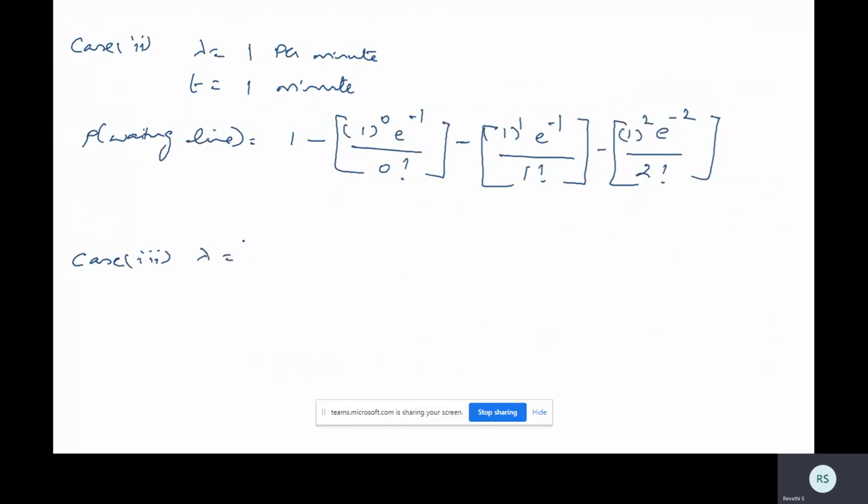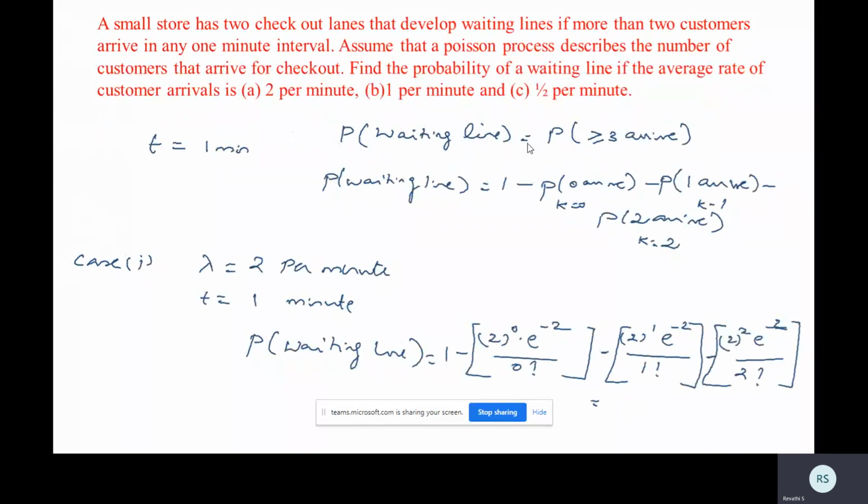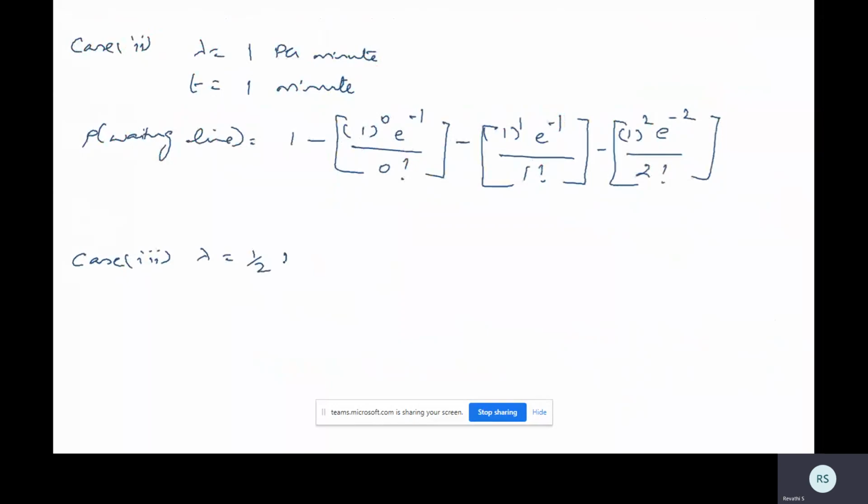Case 3, lambda is what? Lambda is only half a person arriving per minute. That is only one person arriving every 2 minutes. Okay, so that is 1 by 2 per minute. t equal to 1 minute. Both are in minutes again.